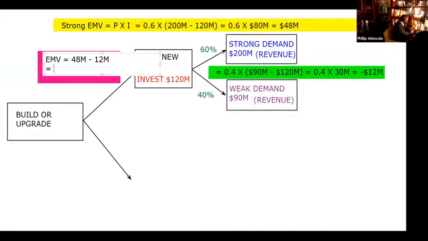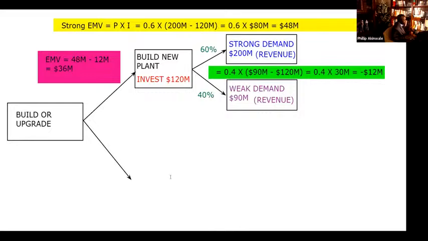36 million. All right, so I'm not going to spend all the time going through the next branch. That should be quite straightforward for you guys to do on your own. I really want to maximize time doing other things, but ultimately you would create a box for the upgrade plant.